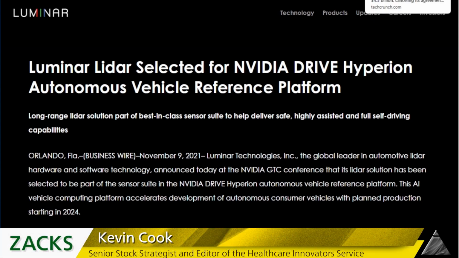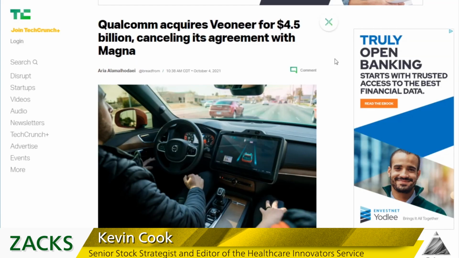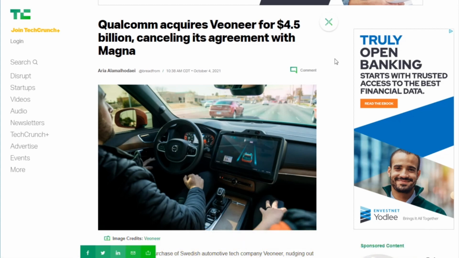All right, so let's talk about who was sort of late to the game. I own Qualcomm, but Qualcomm just paid $4.5 billion for Veoneer. These guys are Swedish, from Sweden. This is a maker of ADAS technology. ADAS, of course, is Advanced Driver Assistance Systems.